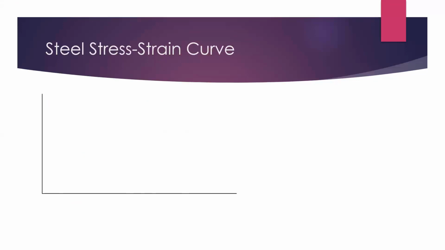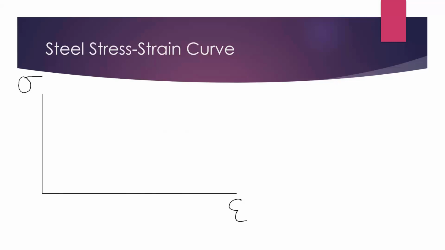All right, so this is our classic steel stress-strain curve. Normal stress is on the Y axis, normal strain is on the X axis.